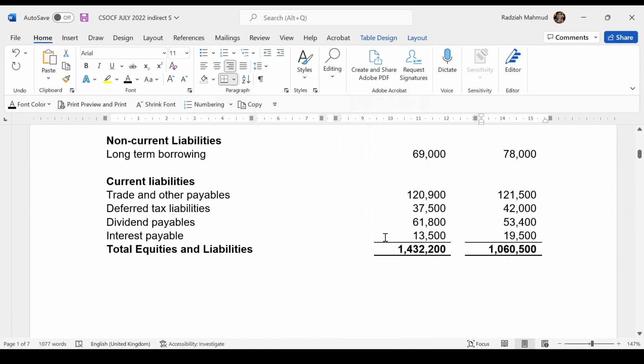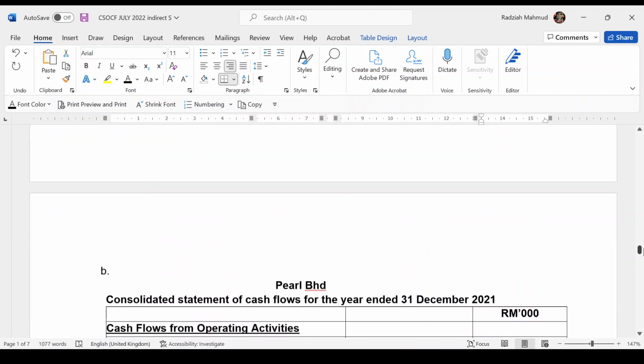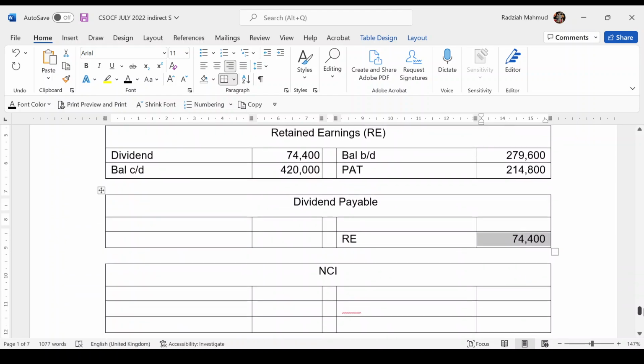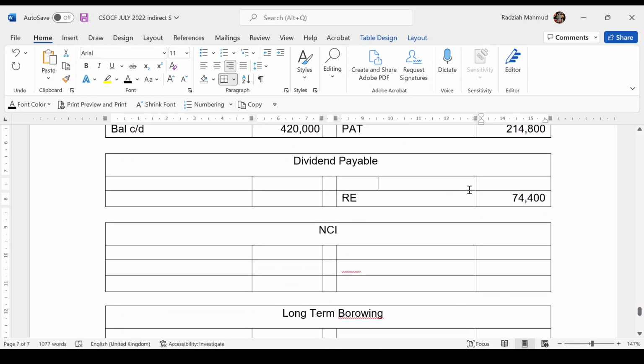Here we have dividend payable, opening 53,400, closing 61,800. We put in the opening balance and then the closing balance.